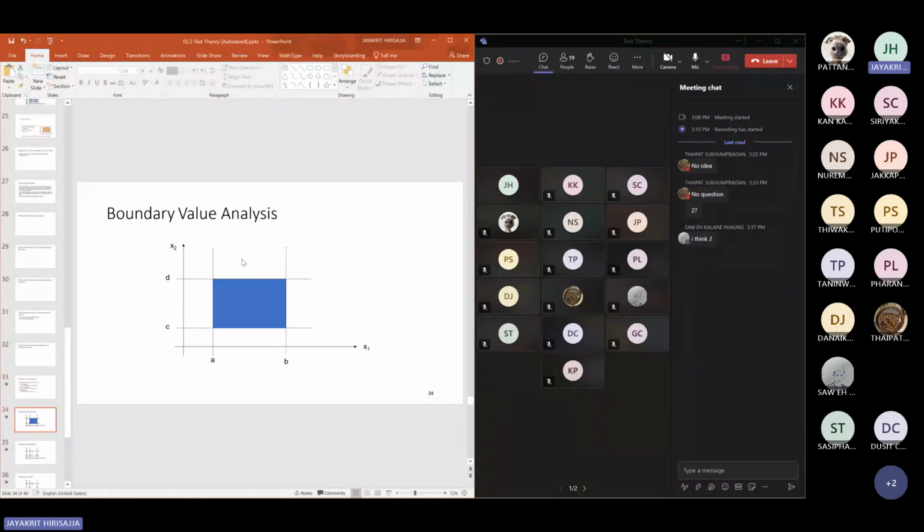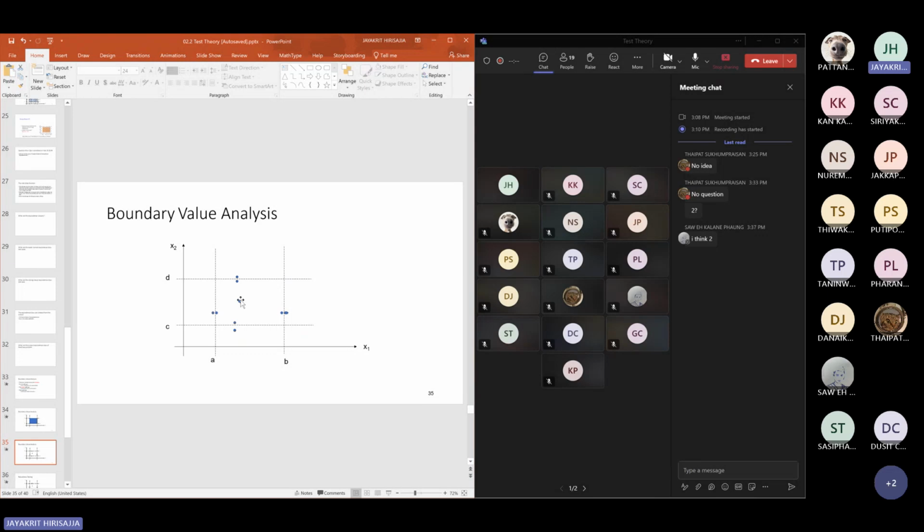What does this mean? This means that if there's something so clear like this, where this value is outside of the boundary, and this value is inside the boundary, that is okay.